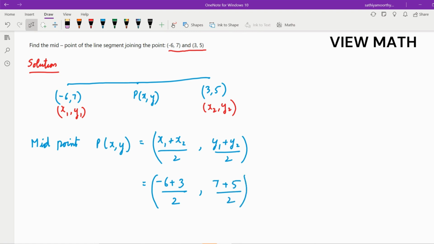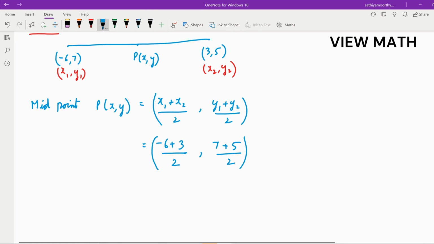So let me simplify this. This is equal to -6 plus 3 is -3 by 2, 7 plus 5 is 12 by 2.